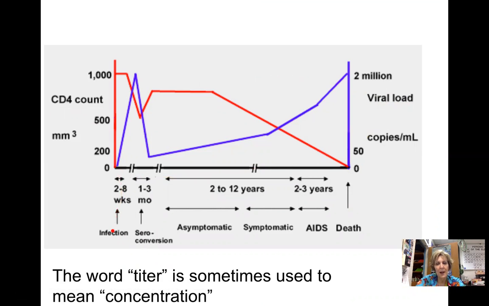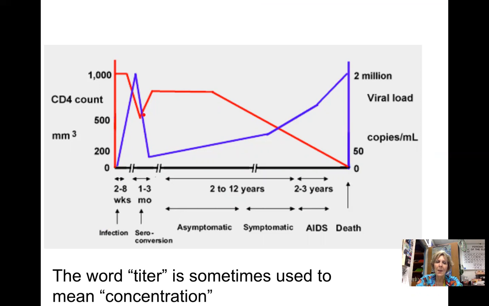So let's look what happens here. We have an initial infection. And initially what's going to happen is that the virus is going to start infecting the helper T cells. More and more helper T cells start spitting out new viruses. And so the viral load goes up and the CD4 count goes down. Why? Because they're dying, right? All those viruses are exploding from it and it's dying.